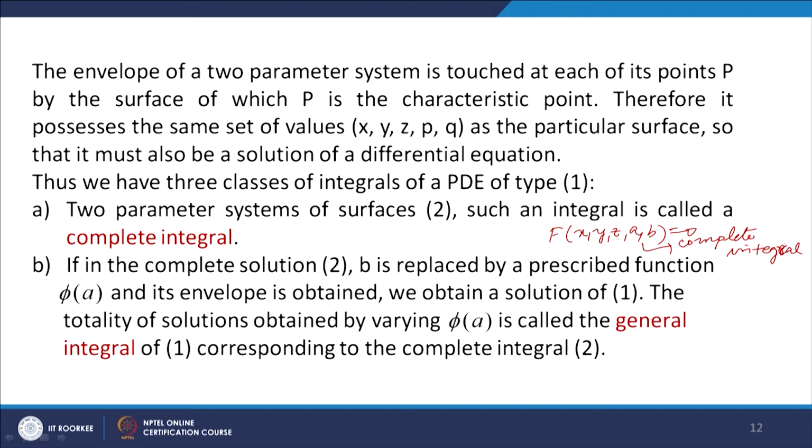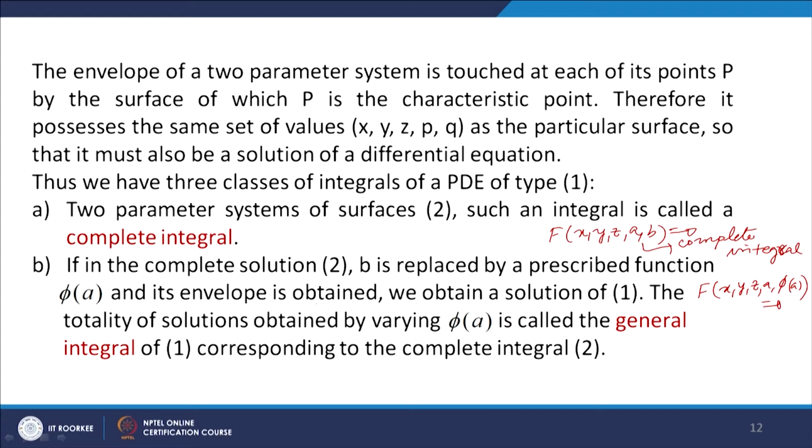If in this complete integral b is replaced by a prescribed function phi(a) and we obtain its envelope, the envelope is obtained from this equation and its derivative with respect to a equal to 0, by eliminating a between the two equations.